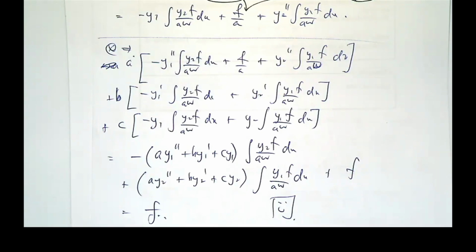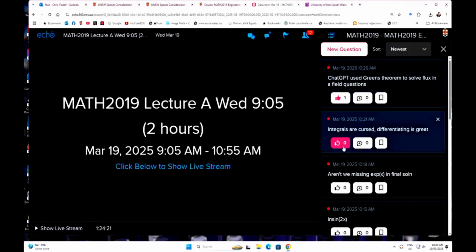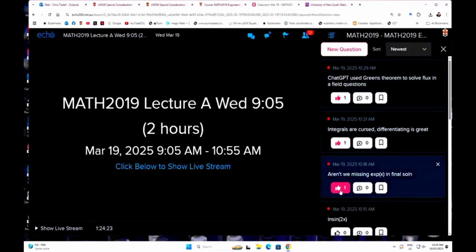Questions. Let's have a look at home, see what people are doing. Oh yes, exactly. So this is excellent. This is an excellent comment. All right, ChatGPT used Green's theorem to solve flux in a field questions.